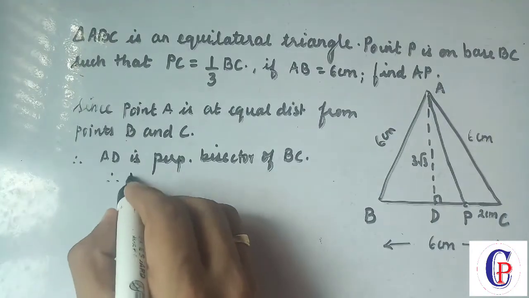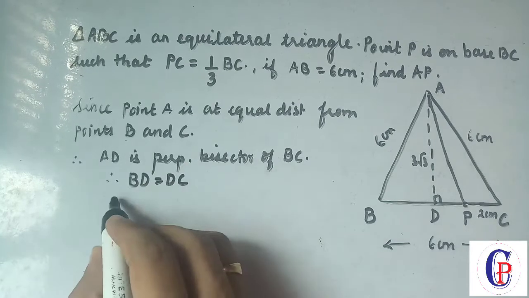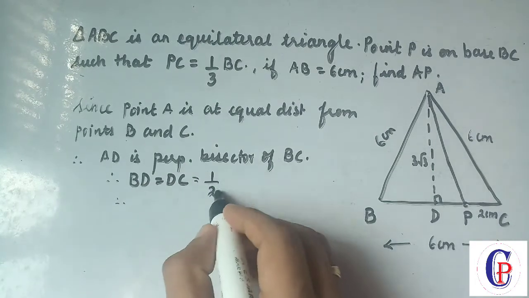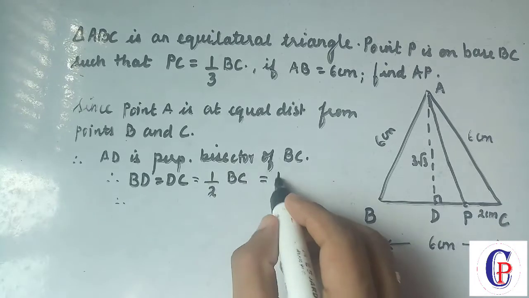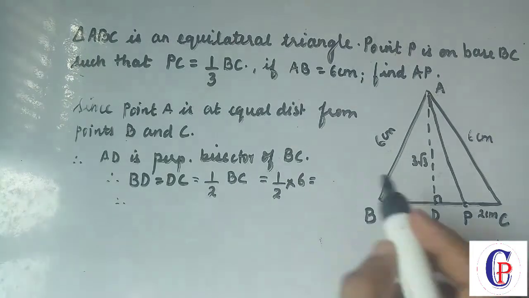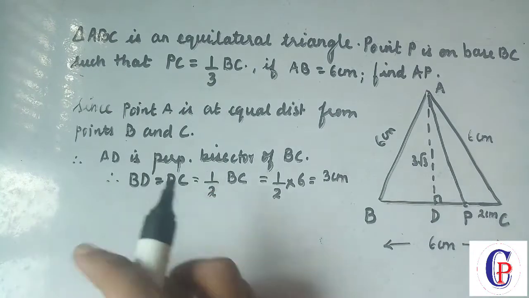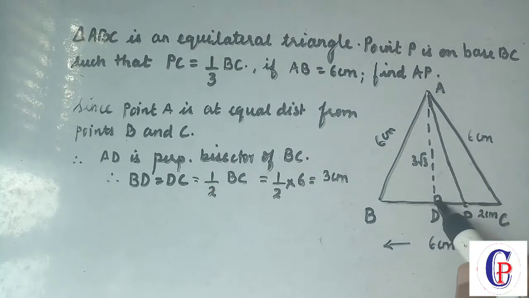So therefore BD is equal to DC. Of course, BD is equal to DC is equal to half of BC. So it is half of BC, that is half of 6. So it is 3 centimeters. Okay, so this is 3. This whole thing is 3.